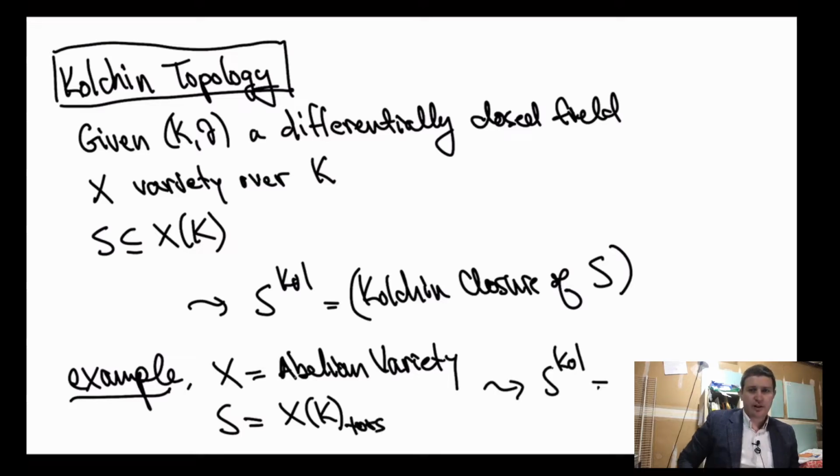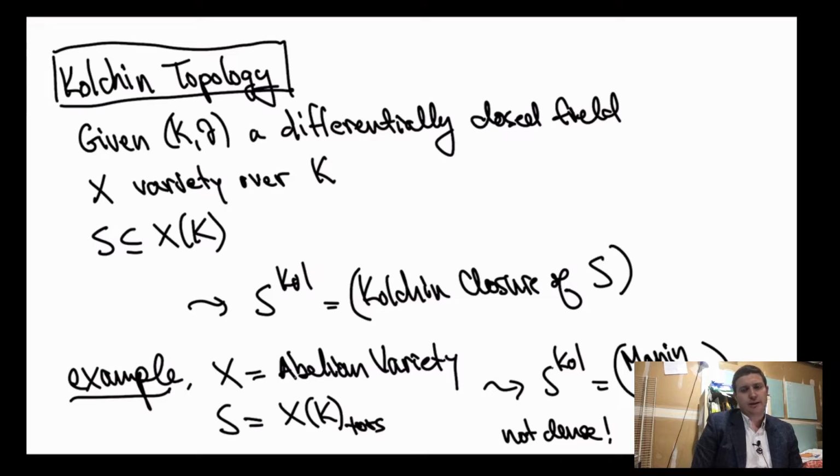So the classical example would be the Manin kernel, but my face is covering it right now. Essentially, if you take the torsion points, they are no longer dense in this finer topology. And what I want to say with this slide is that you can cut out more things using differential algebra.